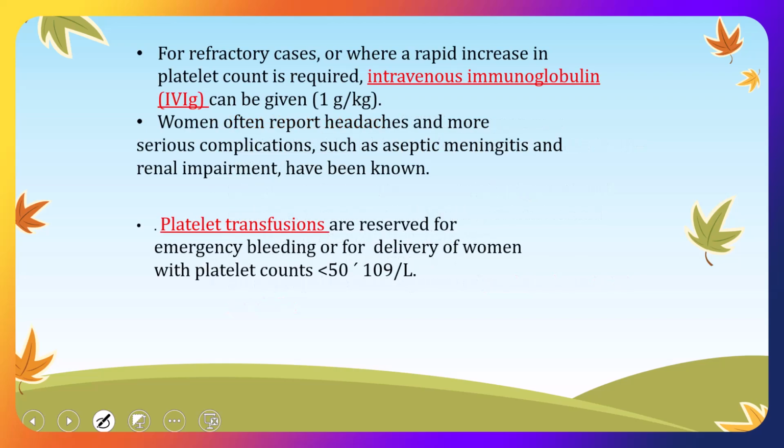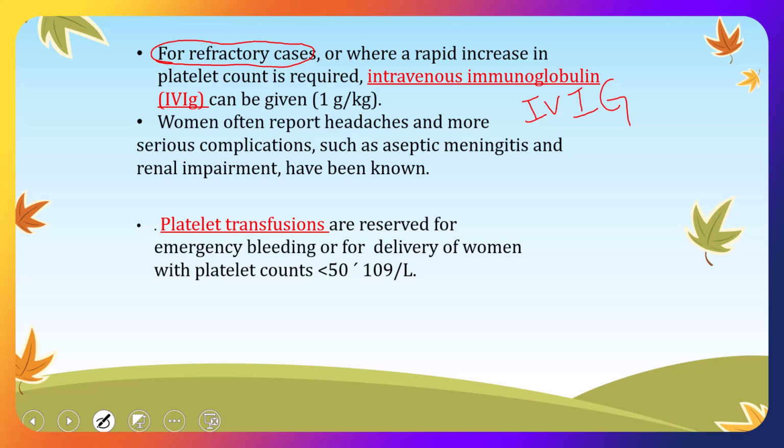And the second line treatment for ITP is, when you are asked about refractory cases which are not responding to the steroids, or where we require a rapid increase in the platelet count, what should we give? We should give IV immunoglobulins, in the dose of 1 gram per kg.